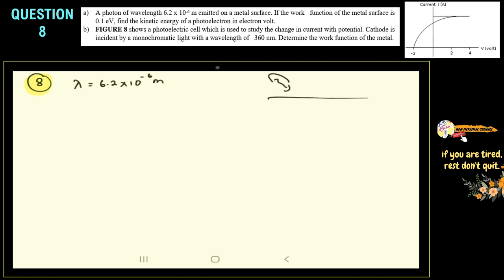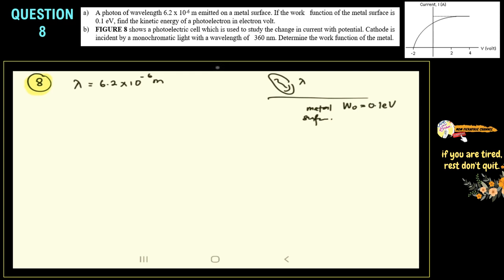So we have photon, okay, where lambda is given and this is the metal surface. Okay, so given that the work function of the surface is 0.1 eV. Find the kinetic energy of a photoelectron in electron volt.